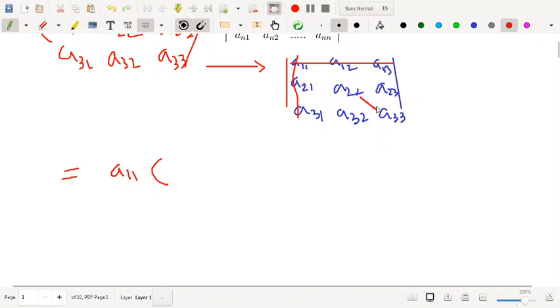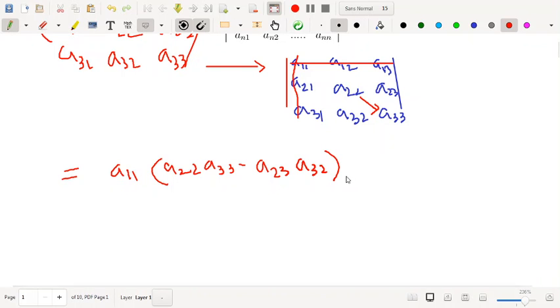So there is a cross multiplication: A22 A33 minus A23 into A32, okay. This is for the element A11. I will explain later what minor and cofactor are, but try to find out how to get the value of the determinant.